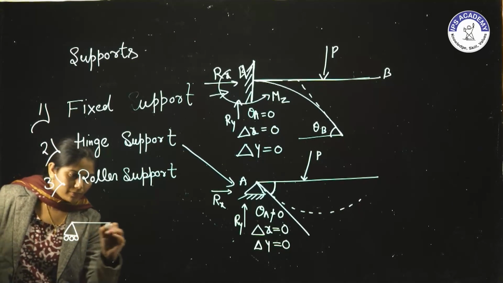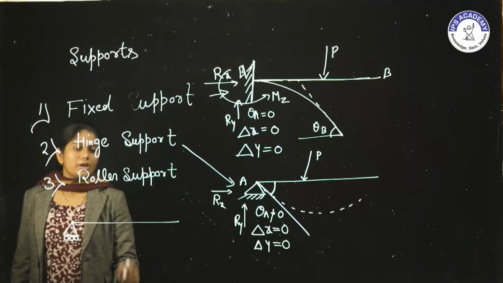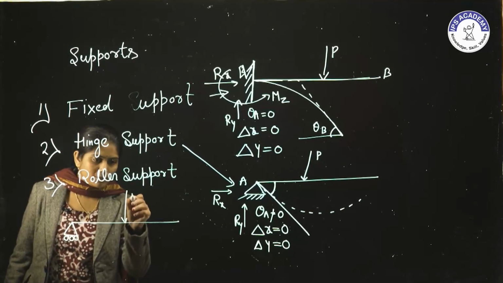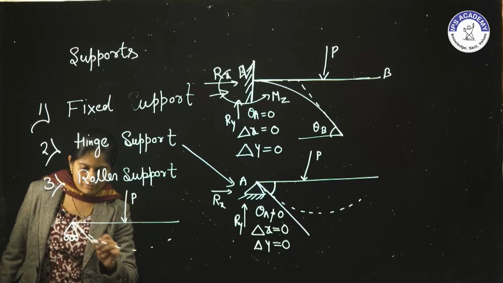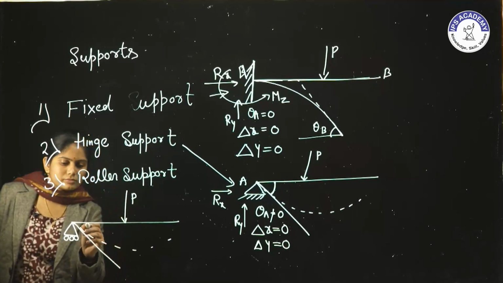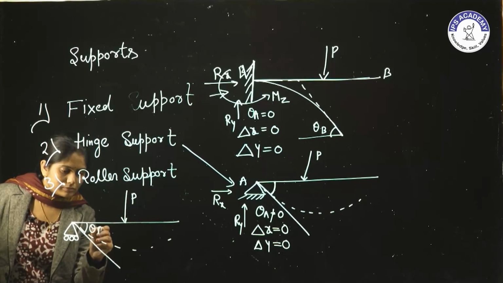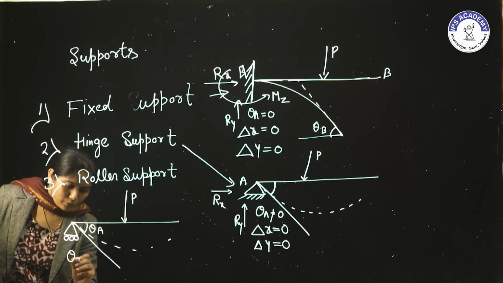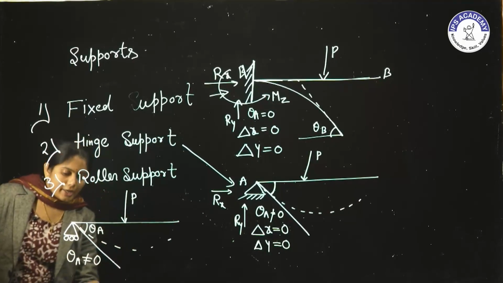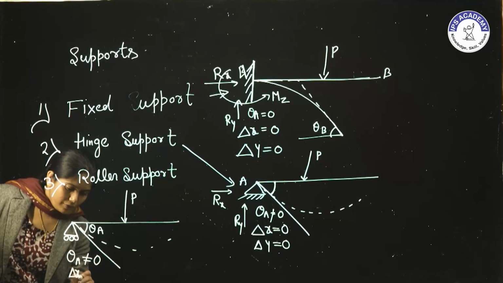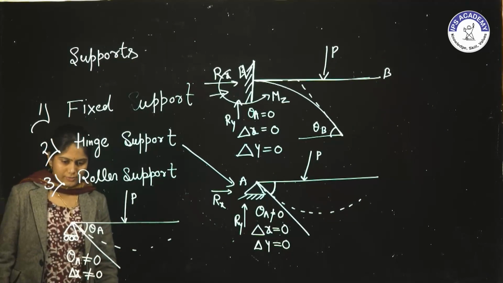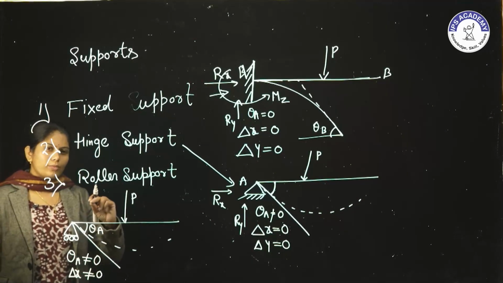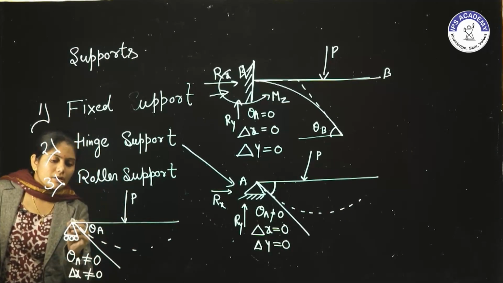Now roller support. This is the roller support. Again we apply the load. Here also theta A is not equal to 0, displacement of x also will not be 0.